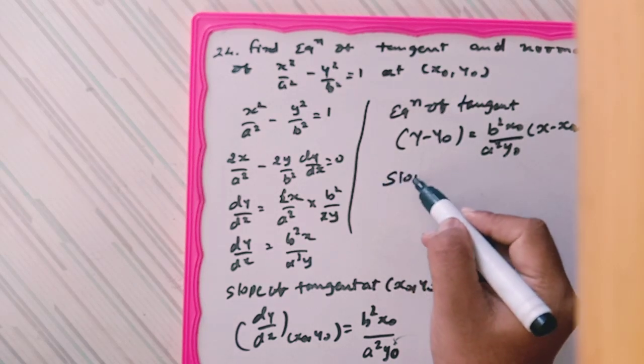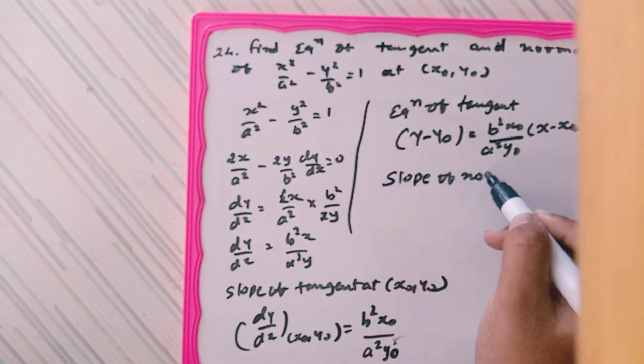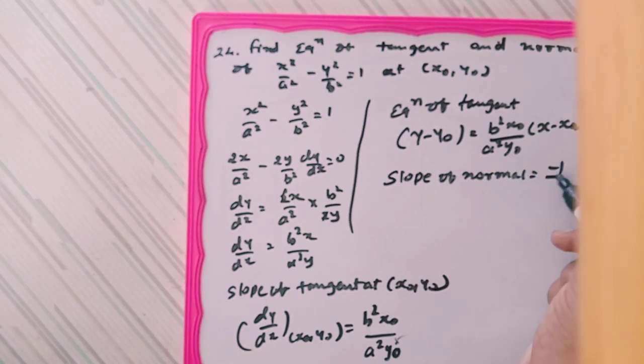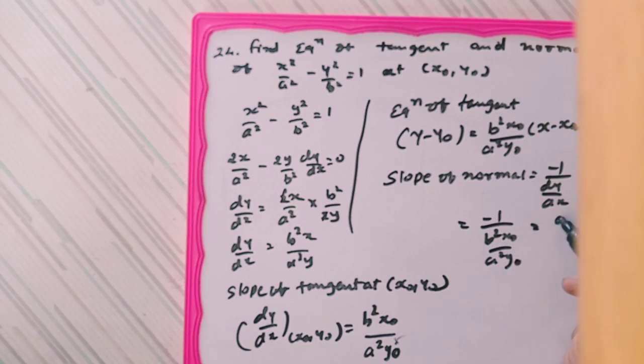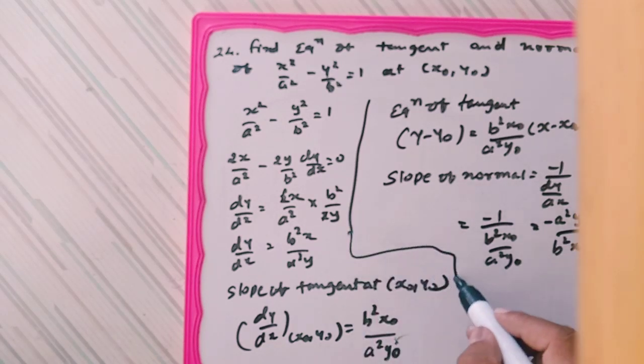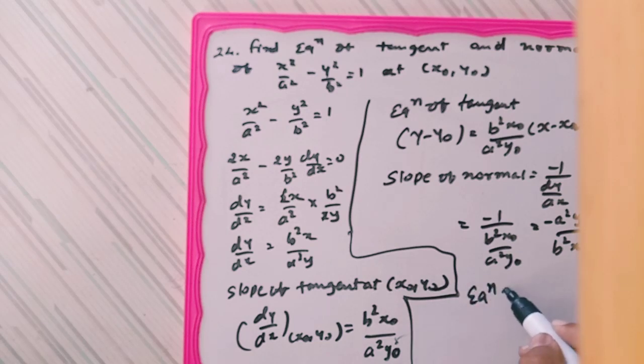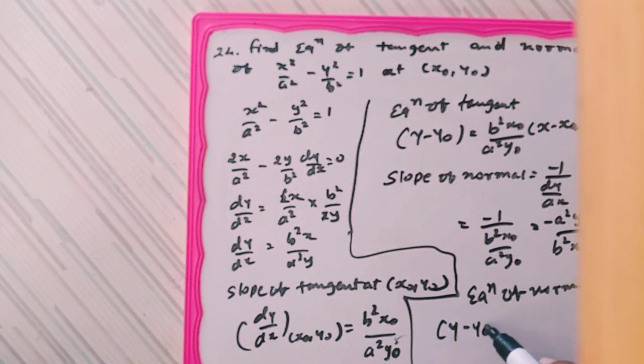Now slope of normal is minus 1 upon dy/dx, means minus 1 upon b^2 x0/a^2 y0. So it is minus a^2 y0 upon b^2 x0, and so the equation of normal will be y - y0 = -(a^2 y0/b^2 x0)(x - x0).